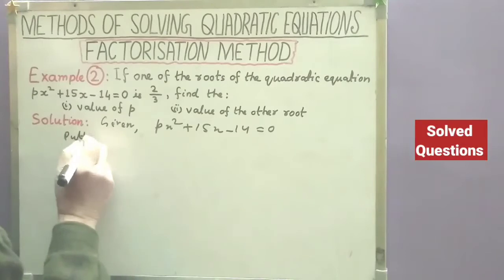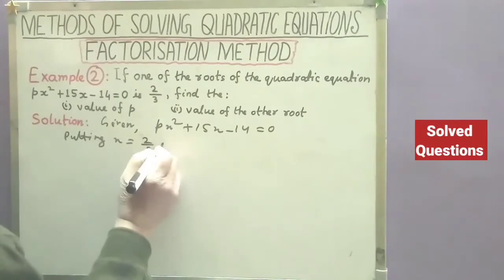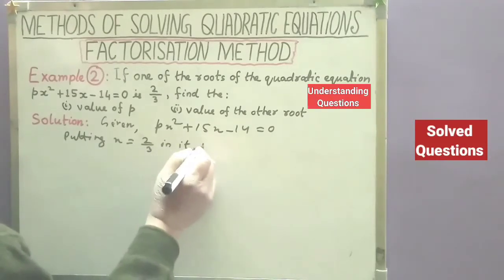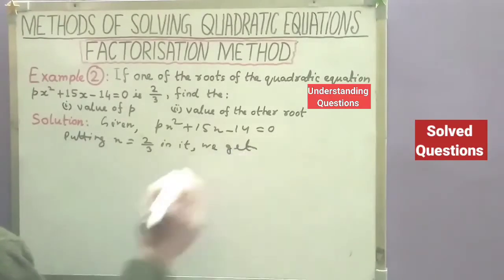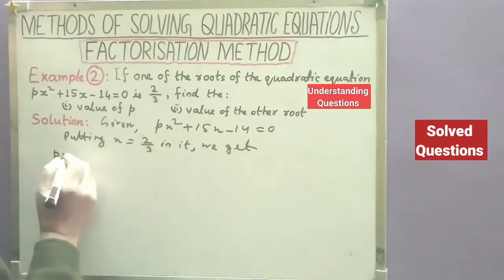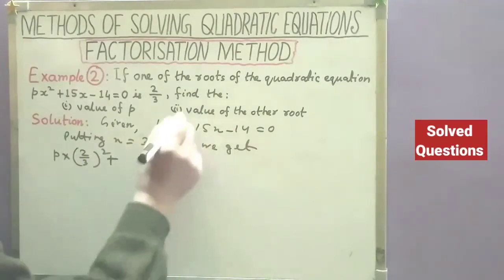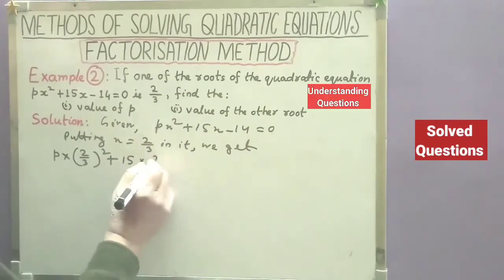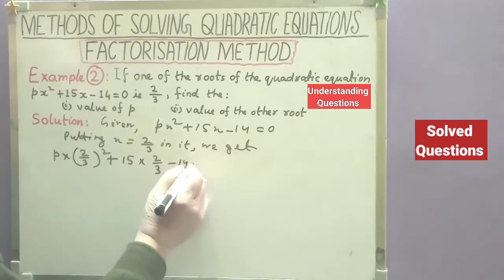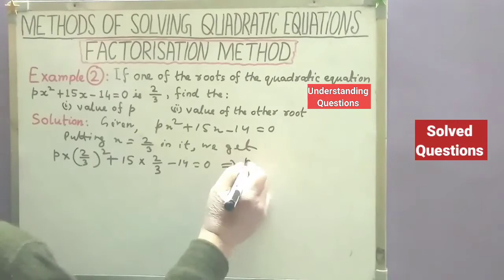Putting one value of x equal to 2 by 3 in this equation, we get p whole into 2 by 3 whole square plus 15 into 2 by 3 minus 14 equal to 0.